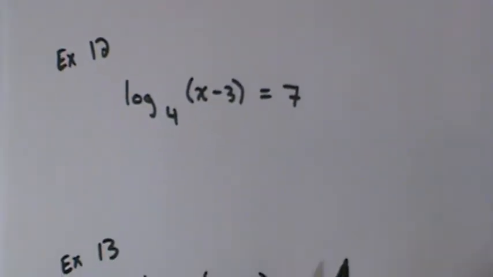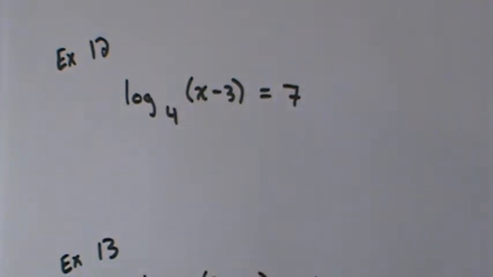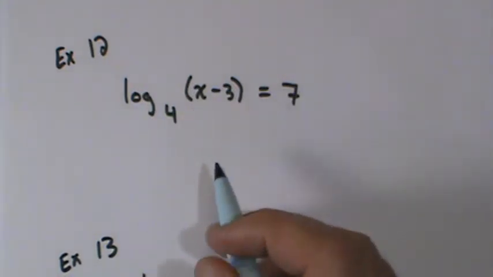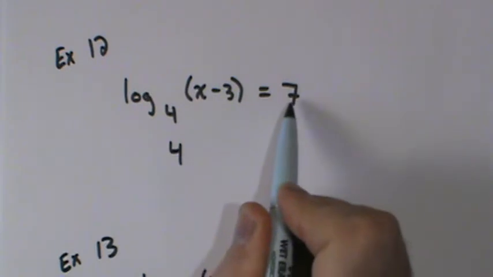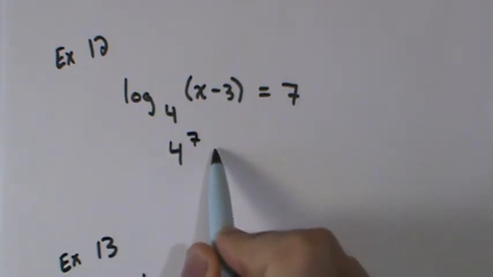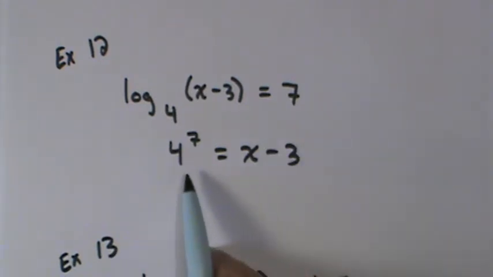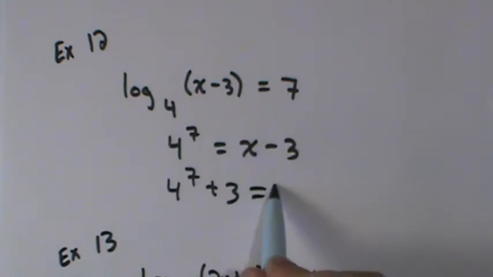Let's go to problem 12. Again, this is just asking, do you understand the structure of what you're looking at? When I see this, it's saying that I could write this as 4 raised to the 7th and set that equal to the x minus 3. Well, then I can pull the 3 over, so it's 4 to the 7th plus 3 is equal to x.